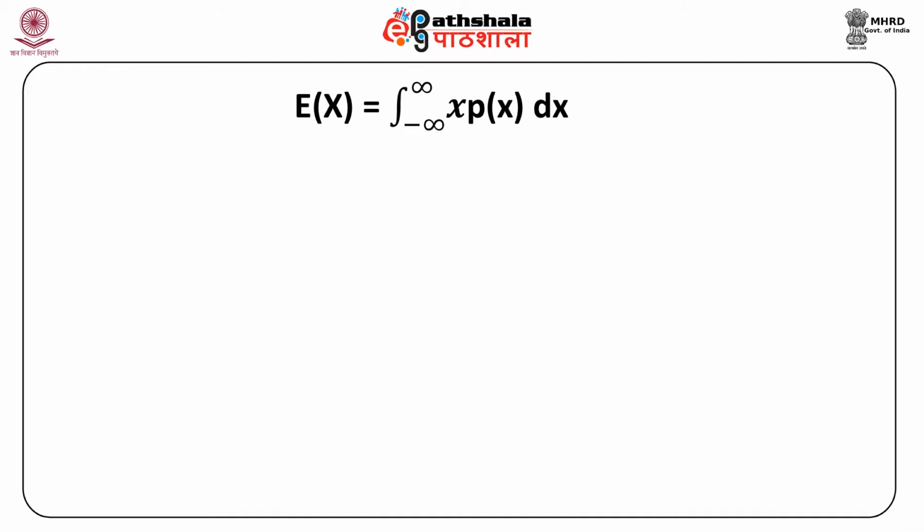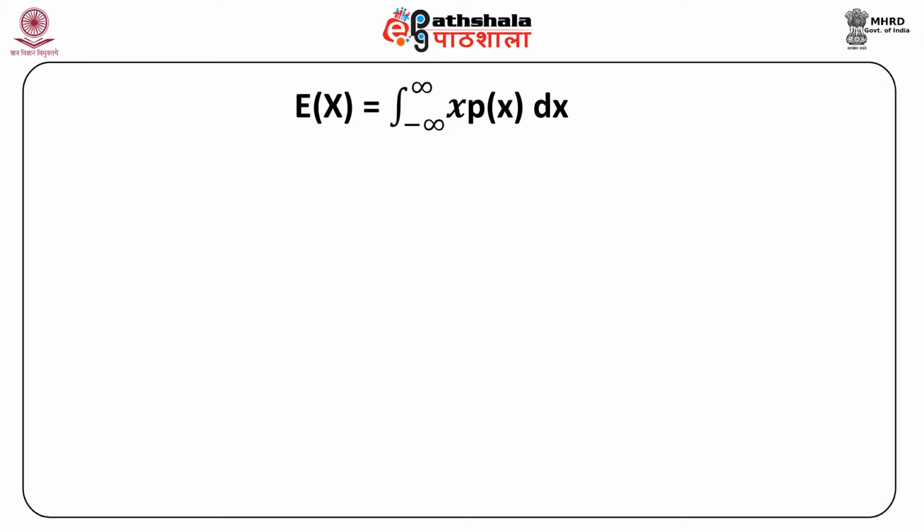Thus, expected value or mathematical expectation is seen to be a weighted mean of the possible values of a random variable with probabilities as weights. In general, mathematical expectation can be interpreted as the average value obtained in a long sequence of events.